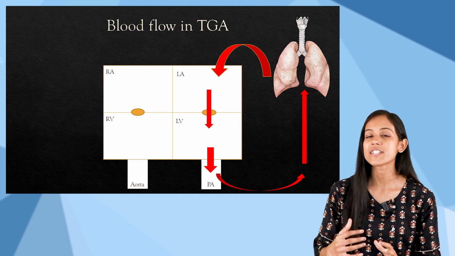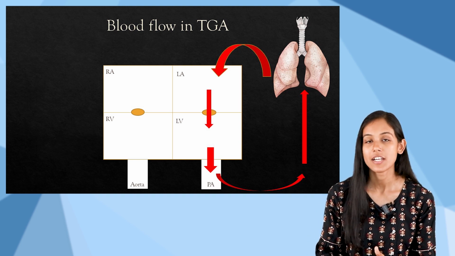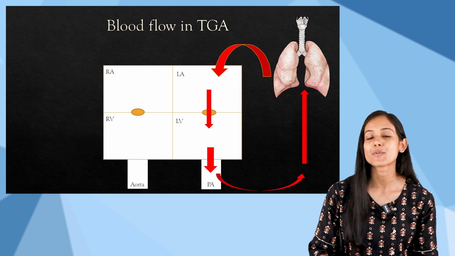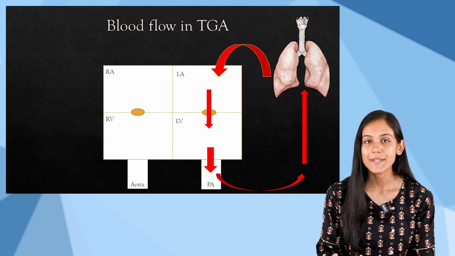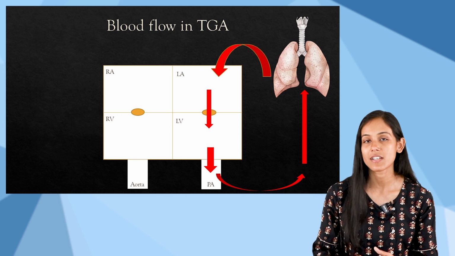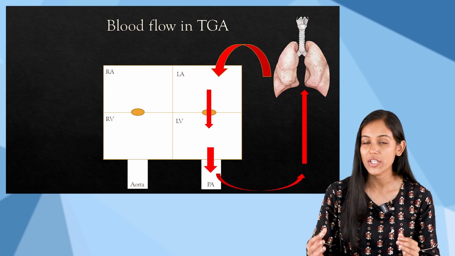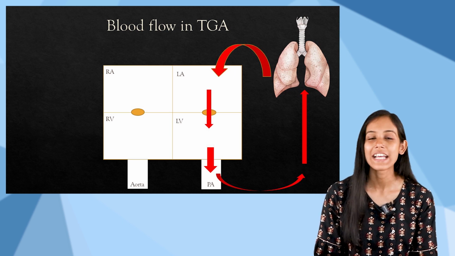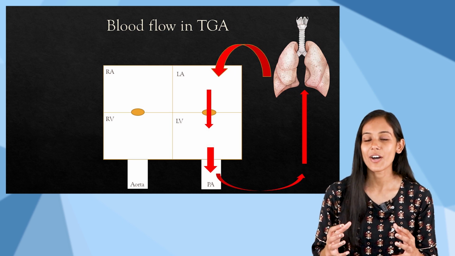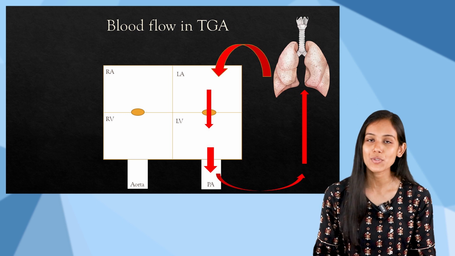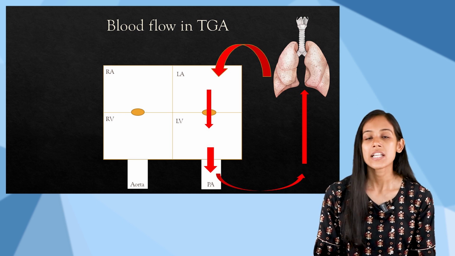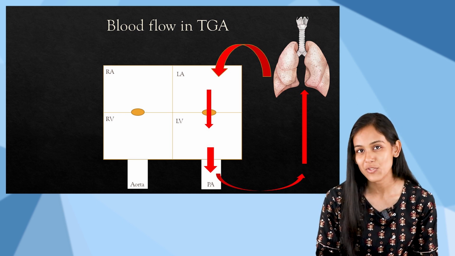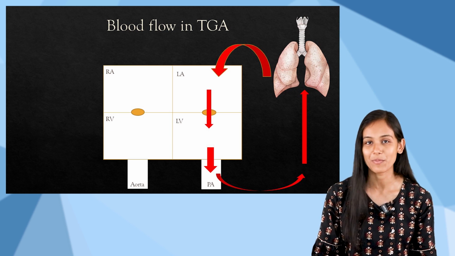Now, let us see what is happening in the left side of the heart. So the pulmonary artery would push the blood to the lungs, and then from the lungs, the oxygenated blood would enter the left atrium through the pulmonary vein, right? And then from there, the oxygenated blood would come down to the left ventricle. Now, when the blood is in the left ventricle, again we have a problem, right?